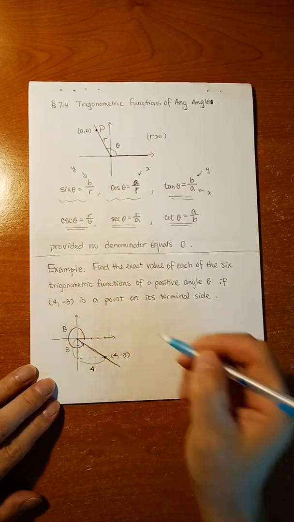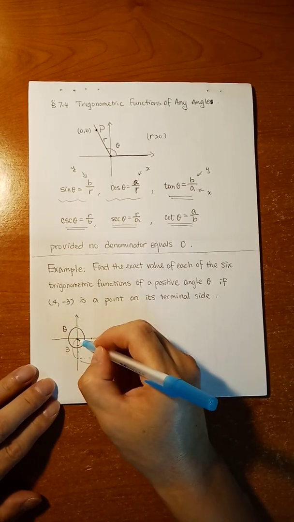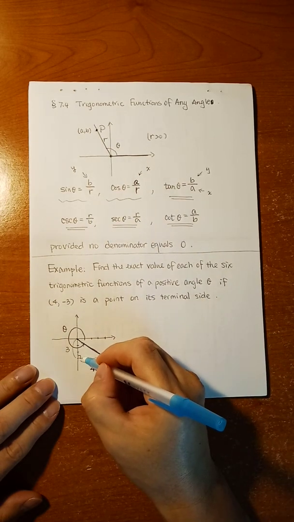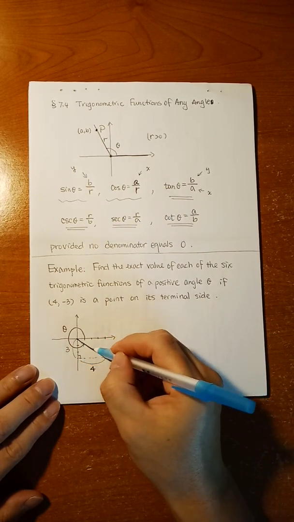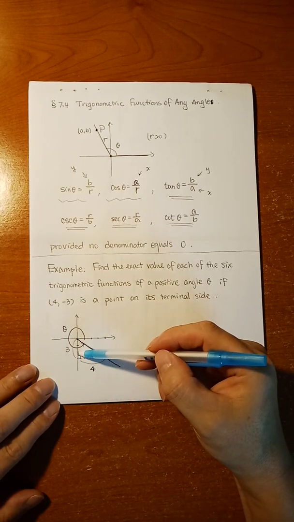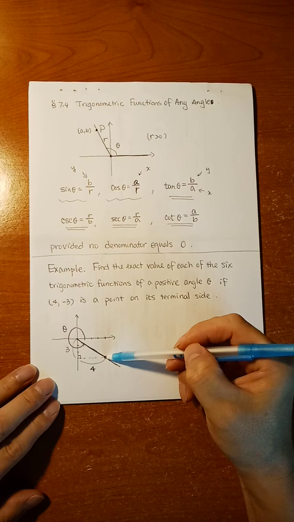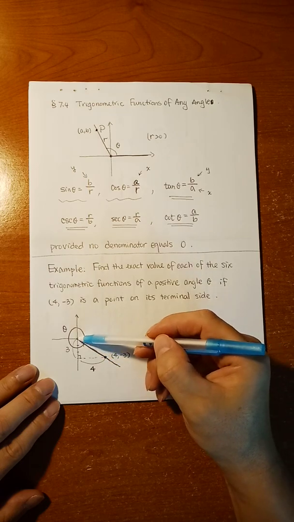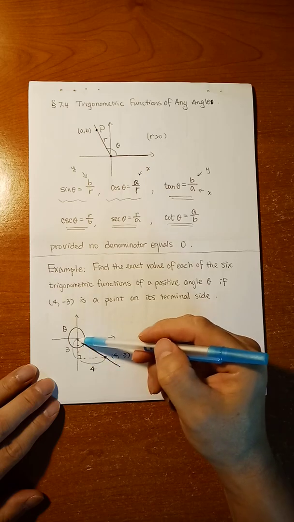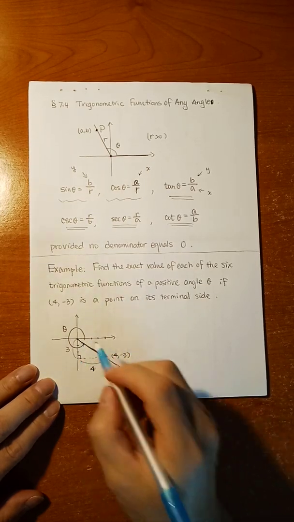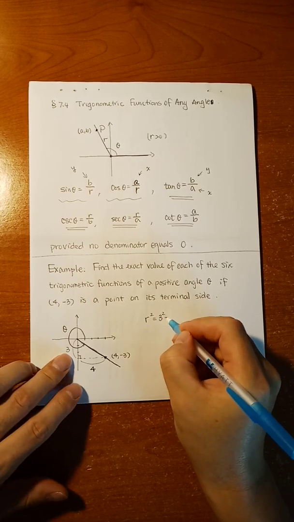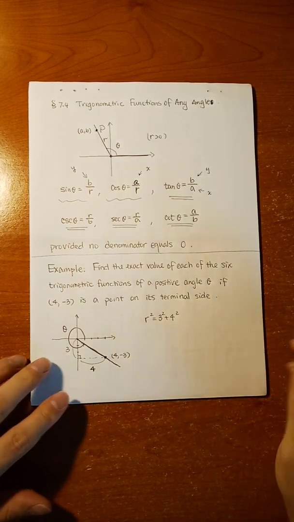So this side is 3. And r is actually the hypotenuse. This is a right triangle. You see what I drew? It goes from the origin, down and horizontally to the point, and back to the origin along the terminal side. In the right triangle, r squared is equal to 3 squared plus 4 squared, the Pythagorean theorem.